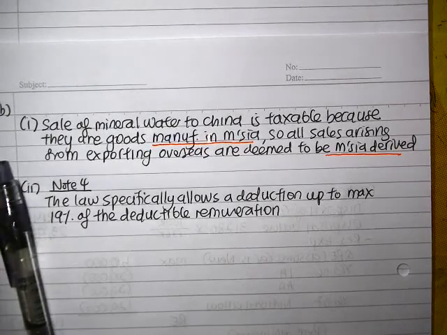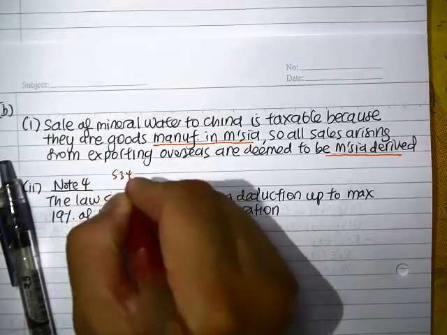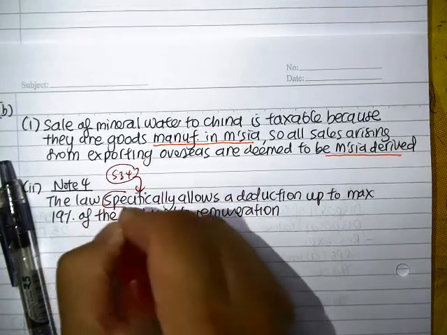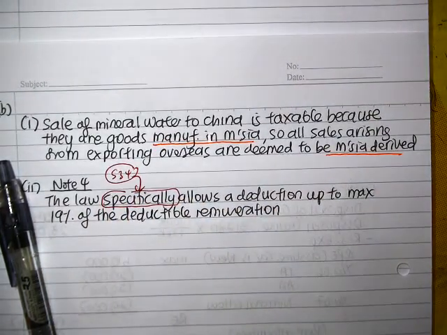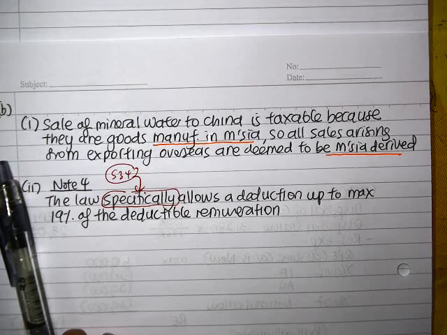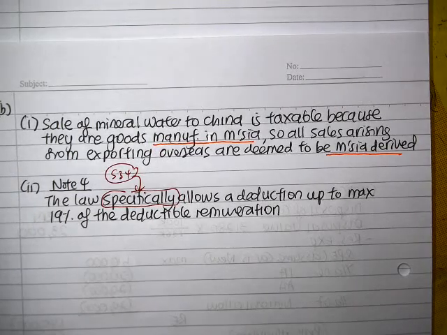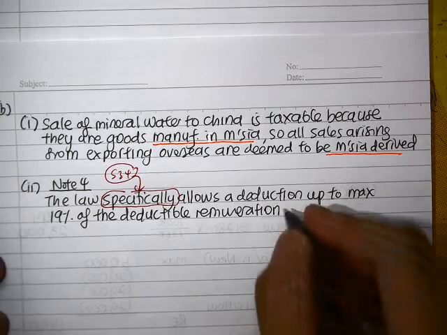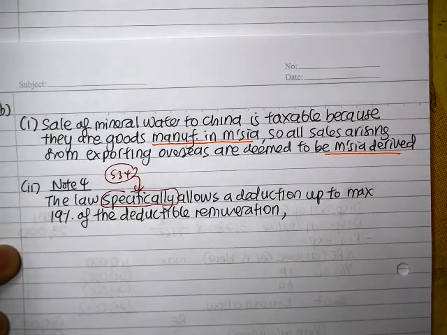Now anything that if it's in section 34, section 39, you just use the word specifically. The law specifically allows us, the law specifically disallows us. Okay?